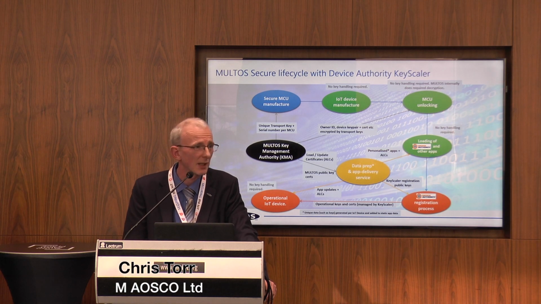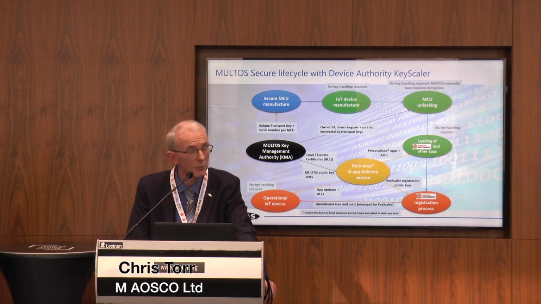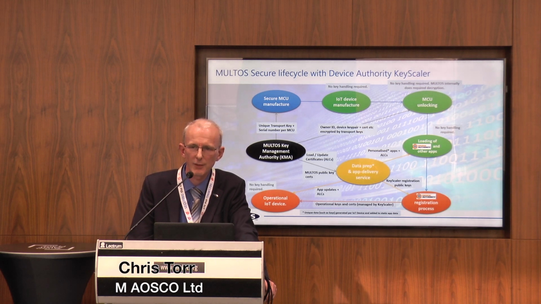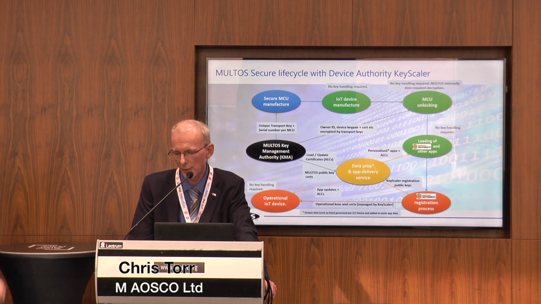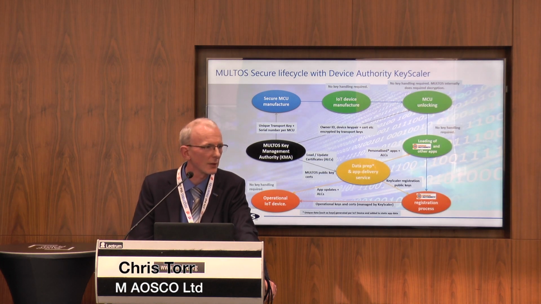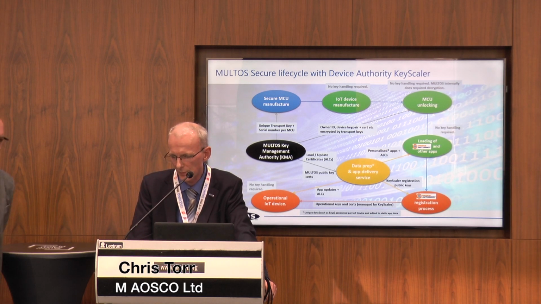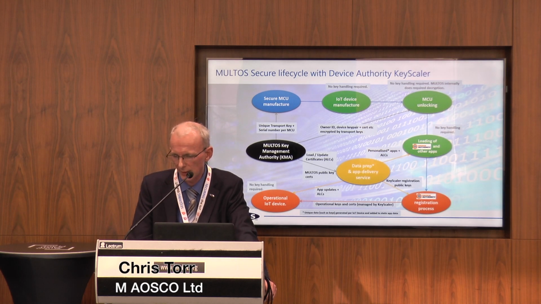And then before that chip can actually have any firmware loaded onto it, it has to be unlocked. And again, the data for that comes from the central key management authority, and it contains a unique key pair for that device that's certified by the KMA, and a unique owner ID. So by that stage, the device is fully under the control of the manufacturer, and only they can control the content that goes onto it.